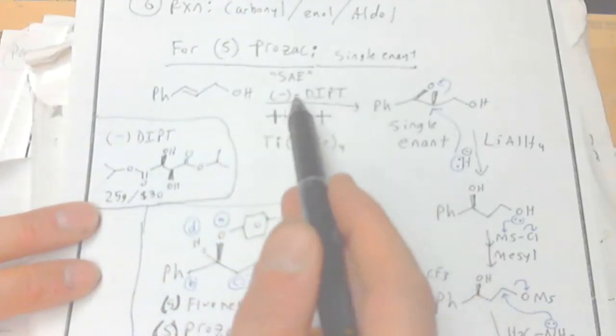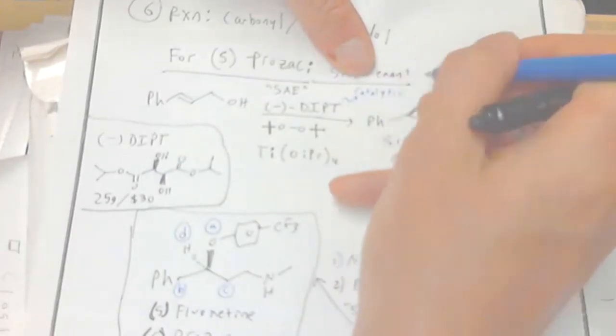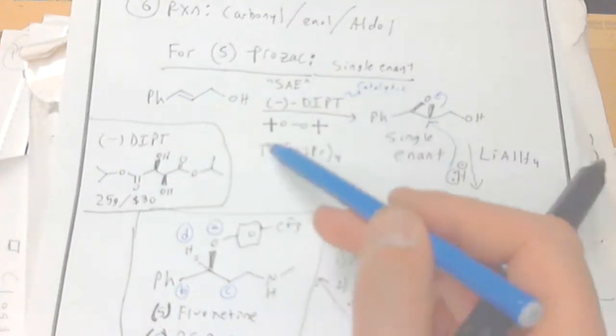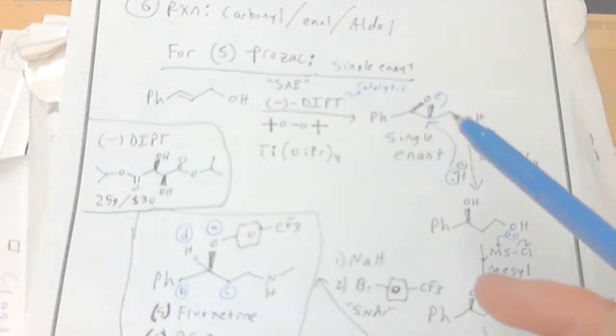So it's not like you're even using a ton of it. You're just adding a little sprinkle to get this crazy reaction to go. So this is catalytic. Being catalytic, I mean, you're using very little of this chiral substance. That's part of the reason that Sharpless won the Nobel Prize, because he got the reaction to work with a catalytic chiral thing. Okay, all right.